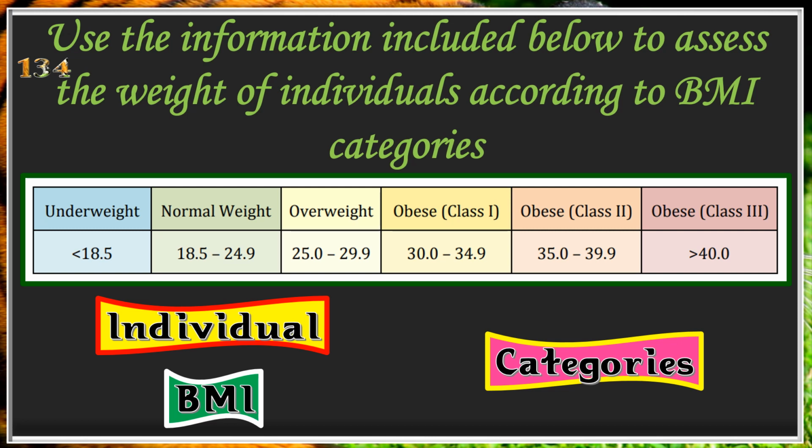Overweight, between 25 to 29.9. Obese class 1, between 30 to 34.9. Obese class 2, between 35 to 39.9. And obese class 3, above 40. So we shall look at the individual, calculate the body mass index, and get the category.